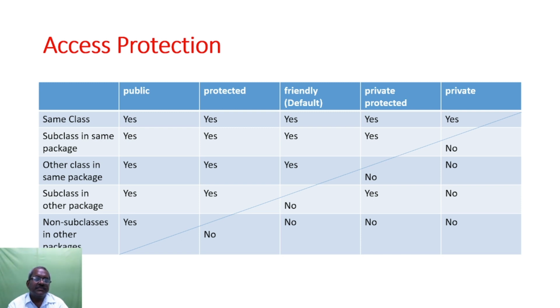Subclass in the same package: only private will not be accessible. Other classes in the same package: private and protected will not be accessible. Subclass in other packages: friendly and private will not be accessible. Non-subclasses in other packages: only public will be accessible, otherwise it will not be accessible.